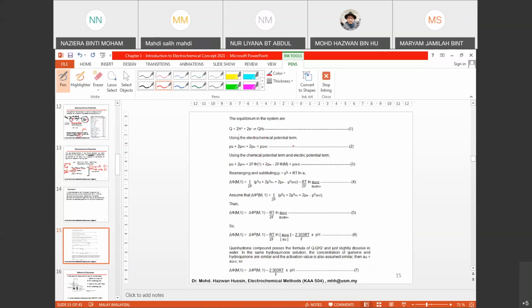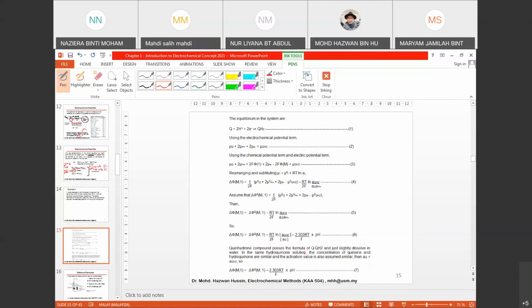Using the electrochemical potential term, you will add on mu, where mu is the ions' mobility. Using the chemical potential term and the electric potential term, you will get into this form, and finally you can get a Nernst representation by rearranging which one will be product and which one will be reactant. Finally, you will get a representation like this.